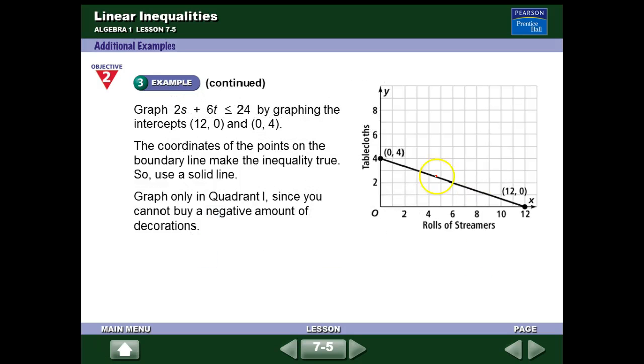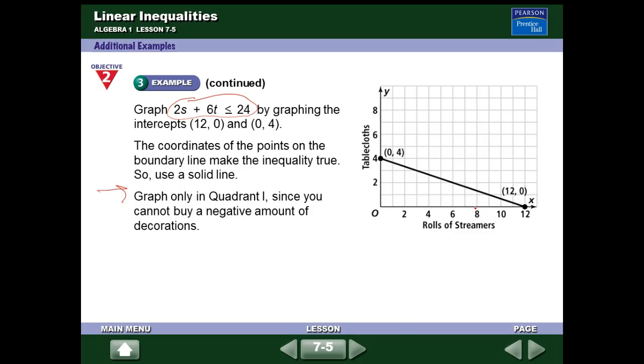So this is my equation. Okay, and we can graph it. The first thing we're going to want to do, and it talks about here, is graph only in quadrant 1. Because you can't have a negative amount of tablecloths or a negative amount of streamers, you're only going to be in quadrant 1.